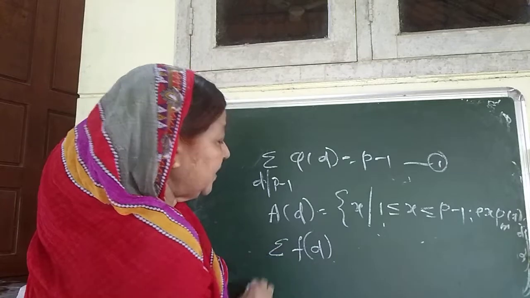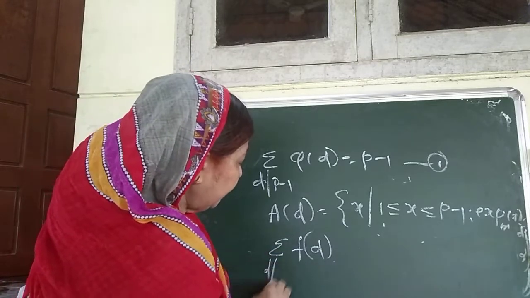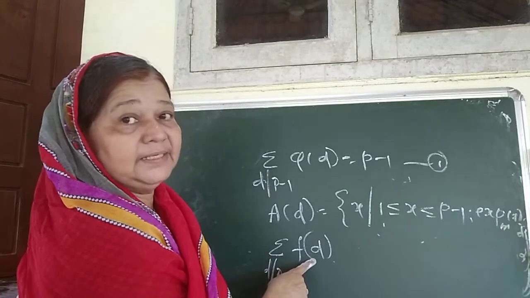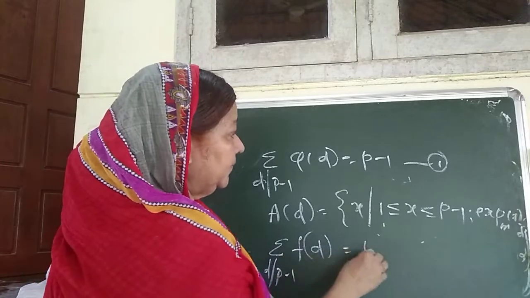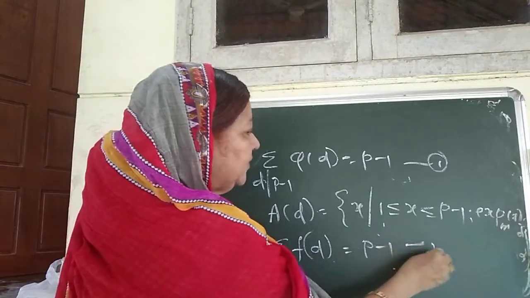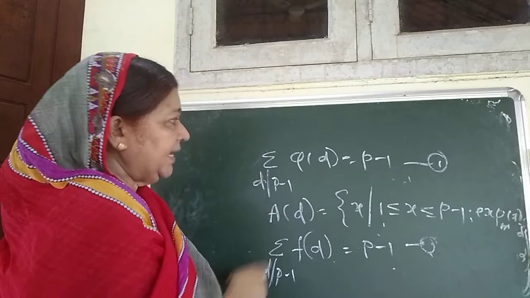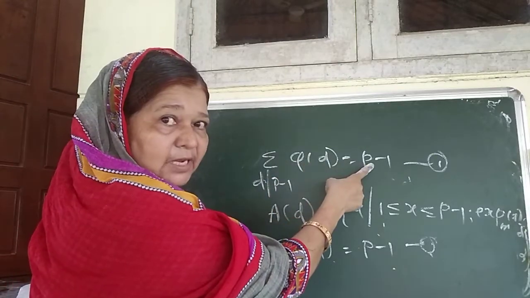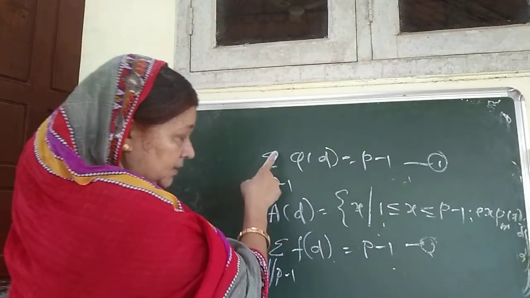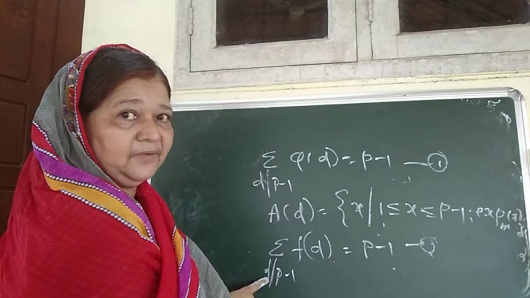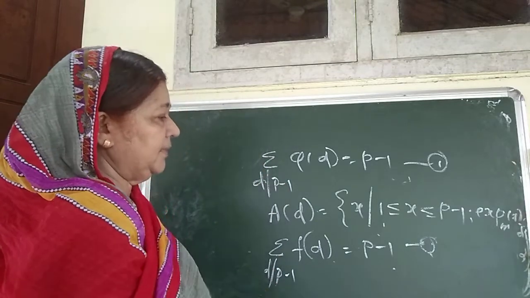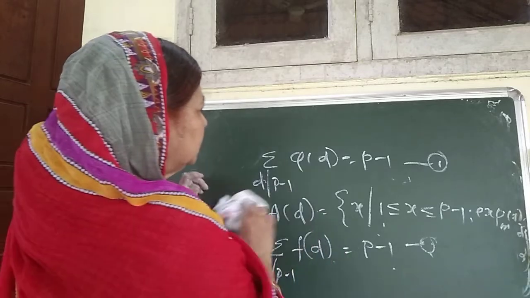Therefore, the sum over d dividing p minus 1 of the size of A_d is also equal to p minus 1. So, from 1 and 2, we see that the sum over d of phi(d) equals p minus 1 by Euler's theorem, and also from this theorem we have seen that the sum over d dividing p minus 1 of f(d) equals p minus 1.